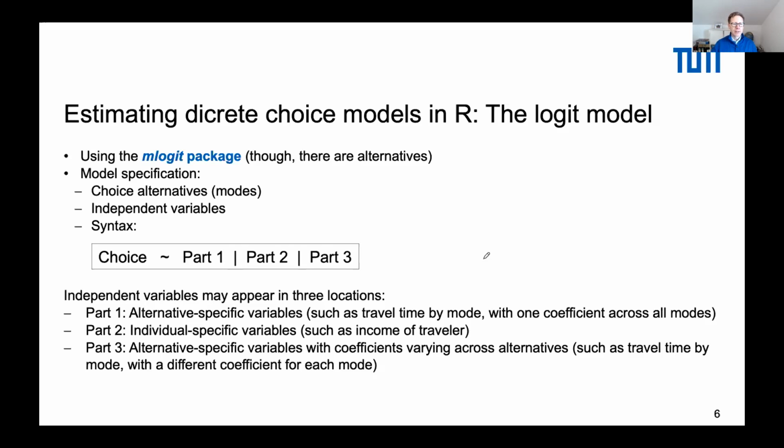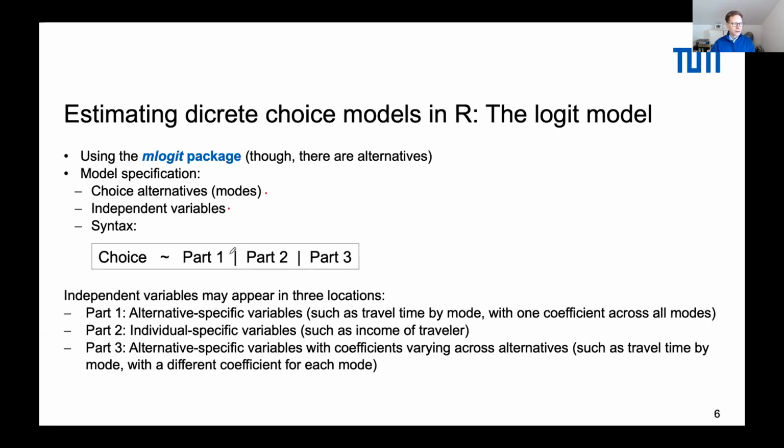To use this, we need to define which alternatives the user can choose from. In our example, this will be modes, because that's the most common example for discrete choice analysis and transport analyses. You identify the independent variables, something like travel costs or travel times.